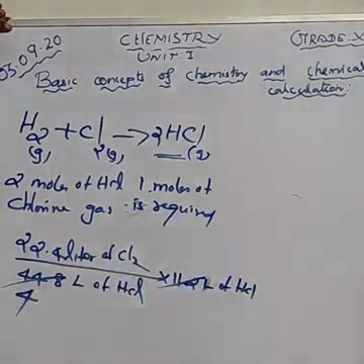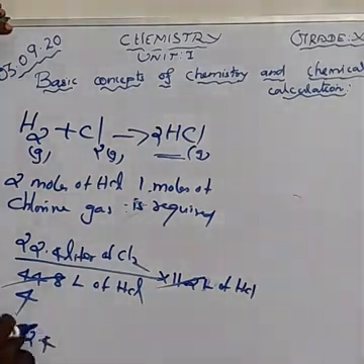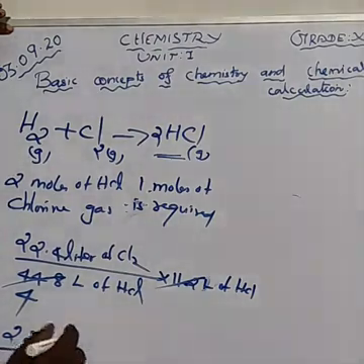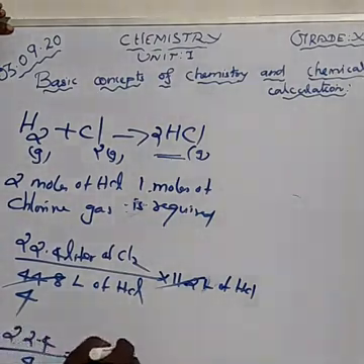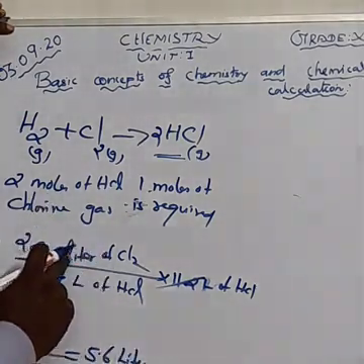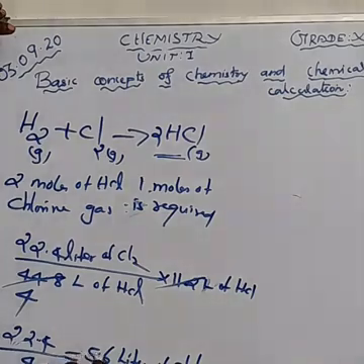So 22.4 divided by 4 is approximately equal to 5.6 liters. 5.6 liters of chlorine is required.